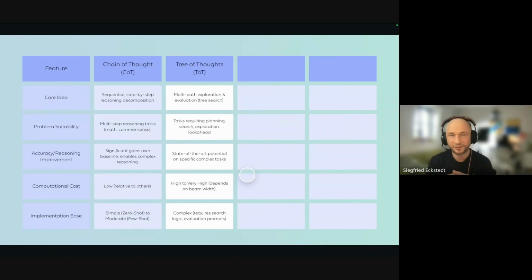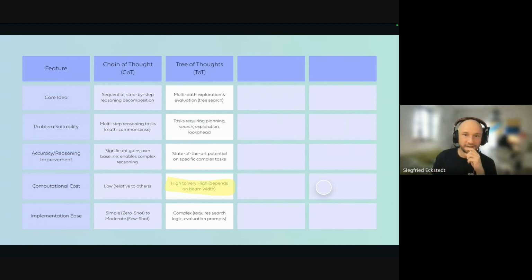As I've mentioned earlier, chain of thought will require a little more time. Tree of thoughts is relatively concise. One thing that I want to highlight is that in terms of computational cost, it is relatively high, because the more you open up the width, so let's say at each point you want to have 5 options presented and then discussed and so on, it is a lot of work.